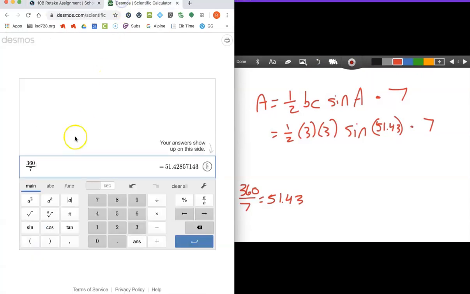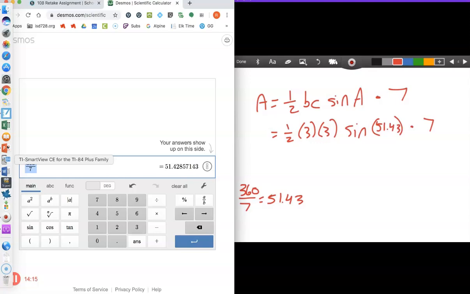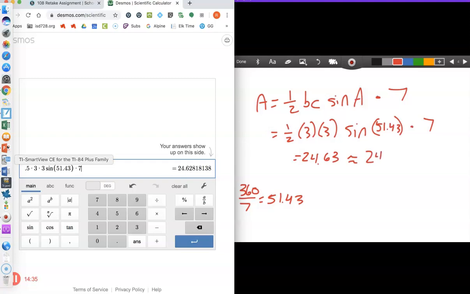And then let's get the final answer. So we have 0.5 times 3 times 3 times sine of 51.43 times 7. And that comes out to 24.63. To the nearest tenth, that's 24.6.